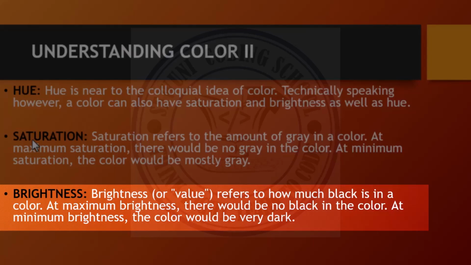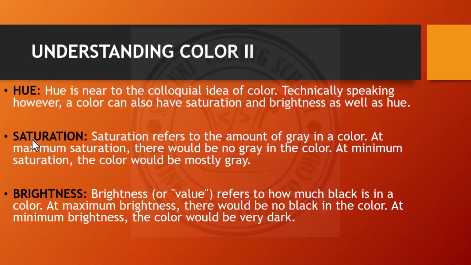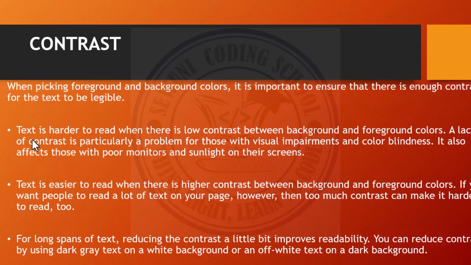So the higher the brightness, the lower the black, and the minimum brightness gives us the higher black in the color. That is the difference between hue, saturation, and brightness, which stands for HSL. We saw HSL in the editing tool I just used.